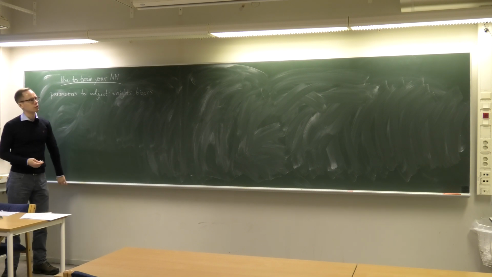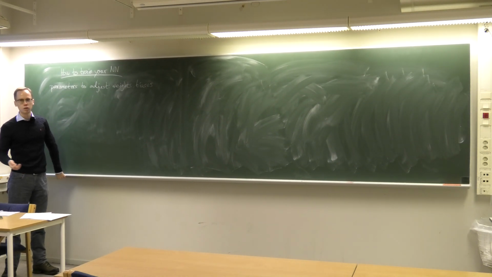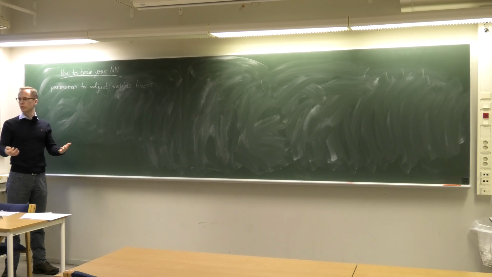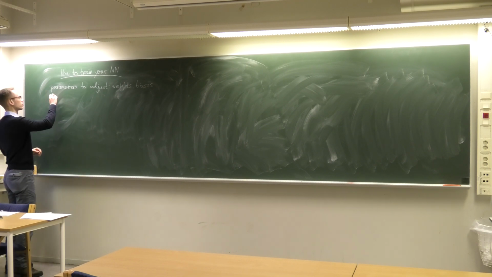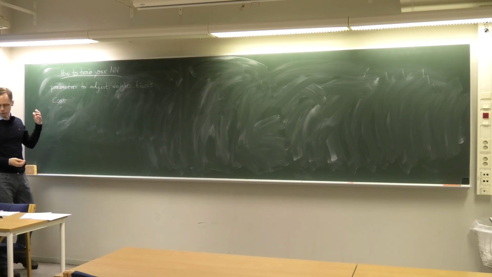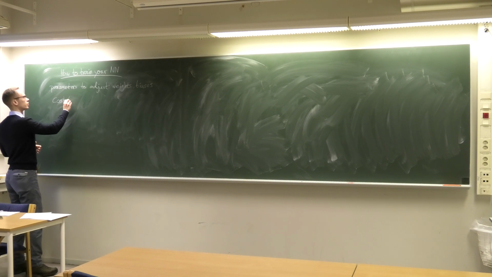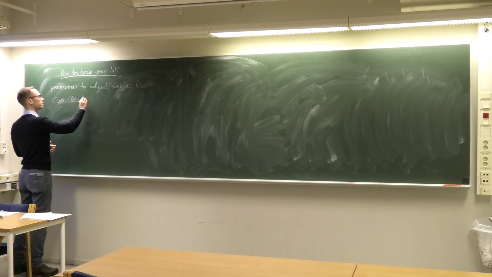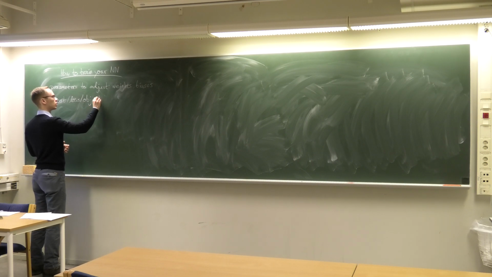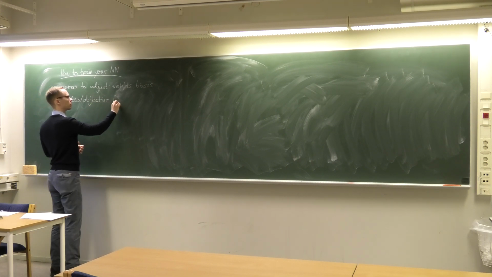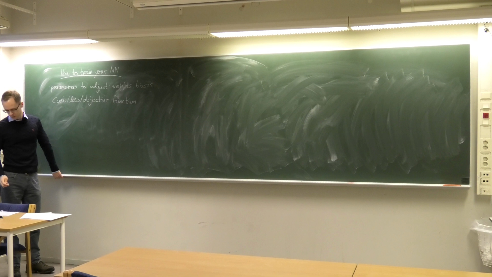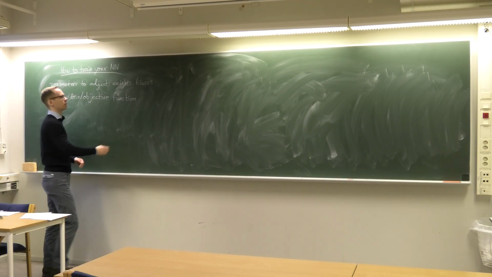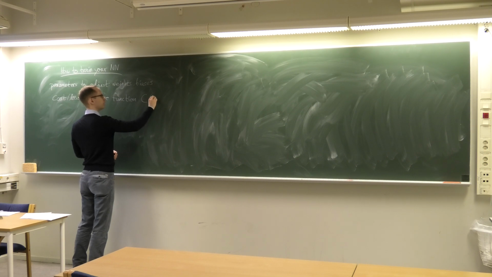So, to be able to get closer to the right desired output, we need to have a measure for how far we are from the right output. And that's done by some cost function, or it's sometimes called loss function or objective function. And it's some function of the weights and the biases.